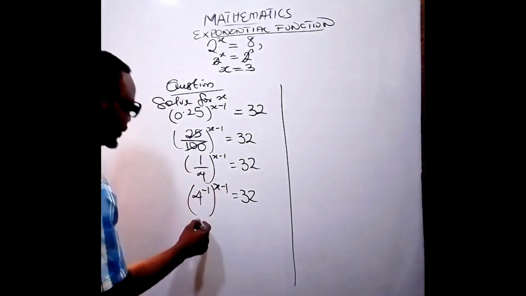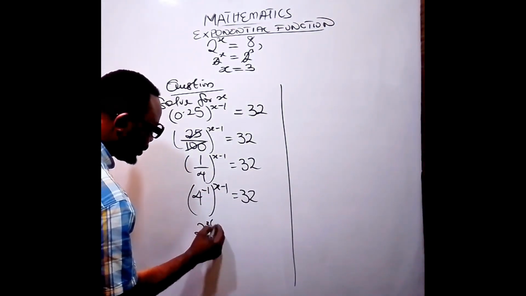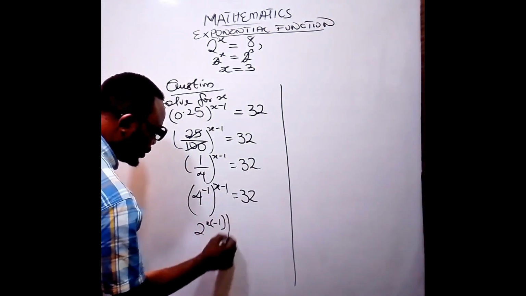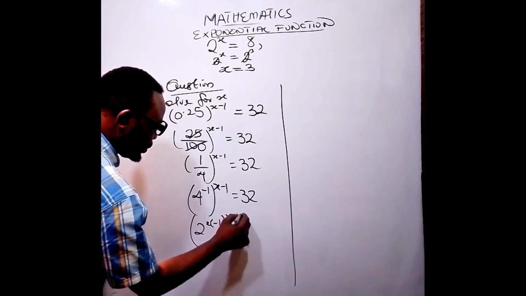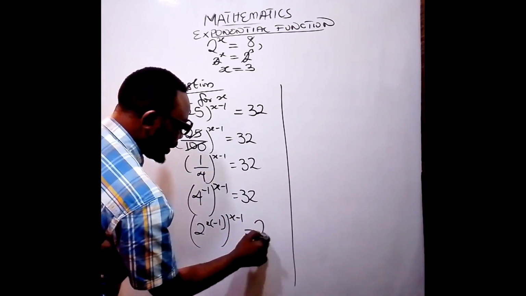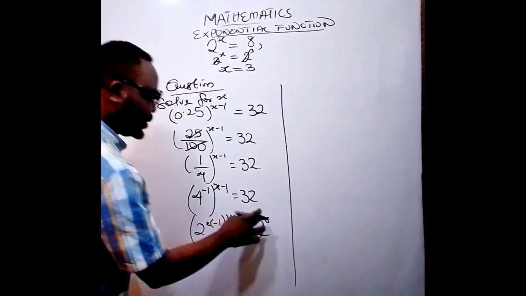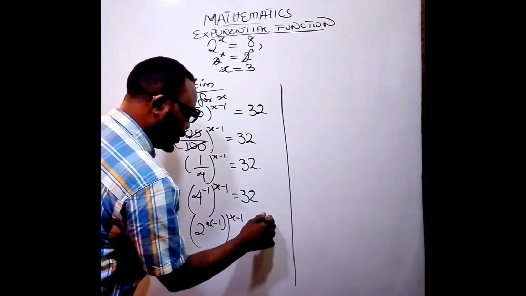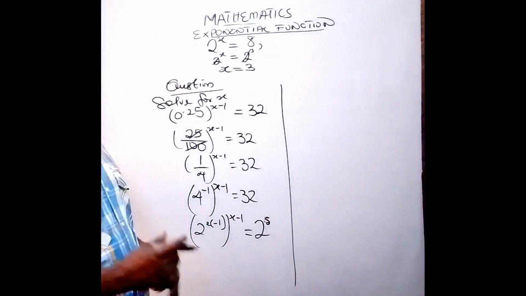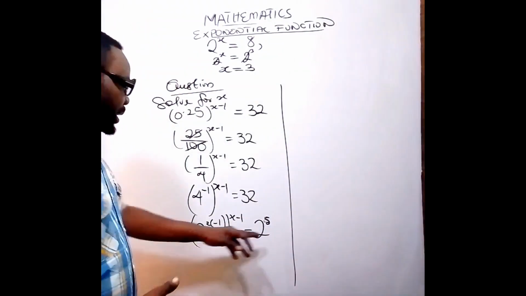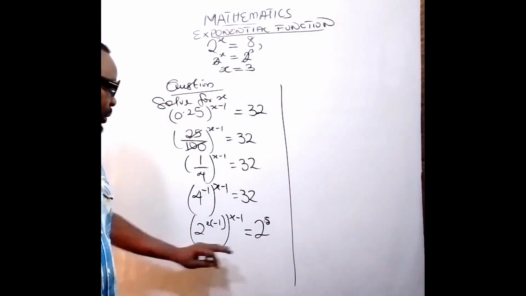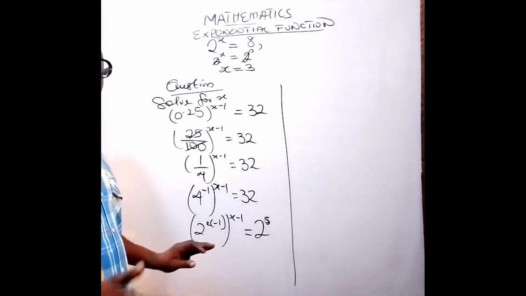So we can now have 2 raised to the power 2, into bracket minus 1, all in bracket again, x minus 1, is equal to 2 raised to the power, what is 32? 2 raised to the power of 5. 32 is 2 raised to the power of 5. So I've been working towards making these two sides equal to one another.